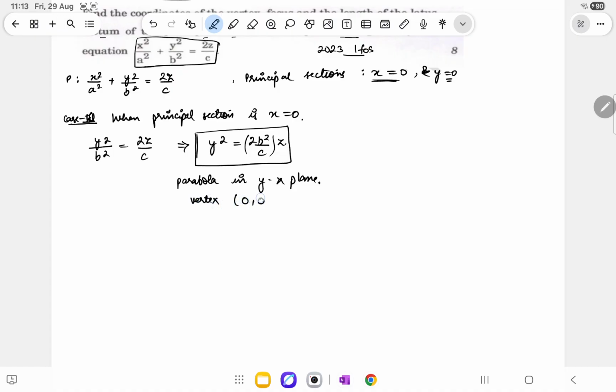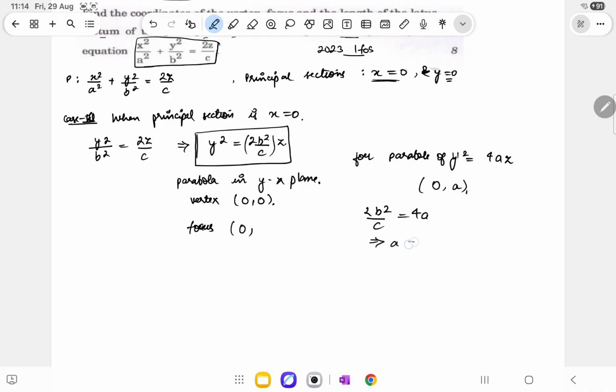You can observe that its vertex is basically 0, 0 in yz plane. For a parabola of form y square is equal to 4az, my focus is basically 0, a. So I'll compare these two parabolas and find the focus. If I compare, 2b square by c is equal to 4a.